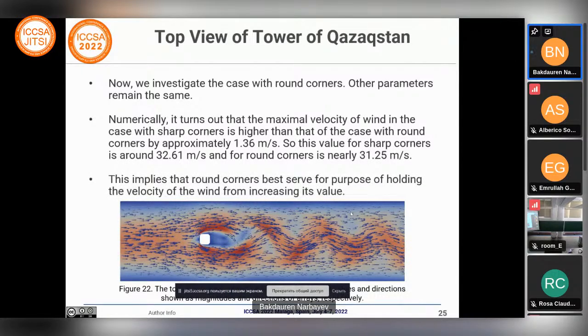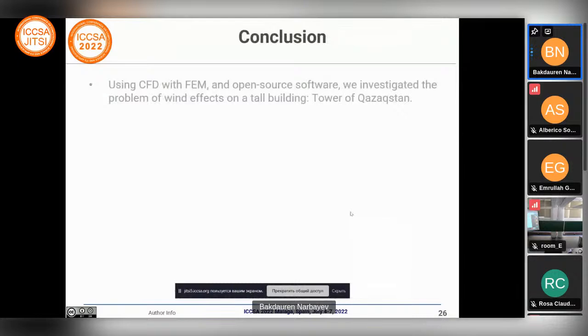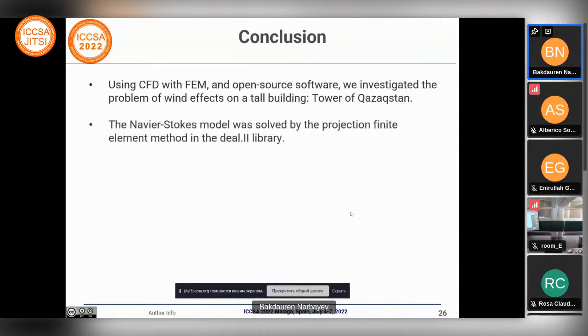Conclusion. So using CFD with a finite element method and open source software, we investigated the problem of wind effects on a tall building, specifically the Tower of Kazakhstan. We solved the Navier-Stokes model using the projection finite element method in the DIL2 library.